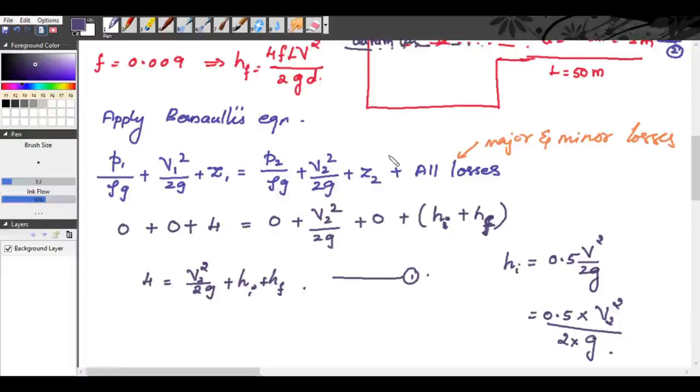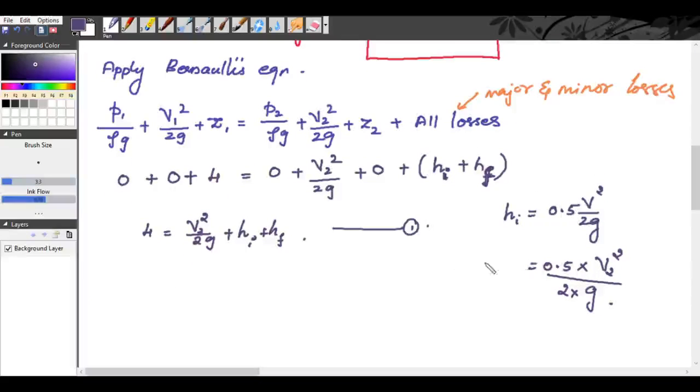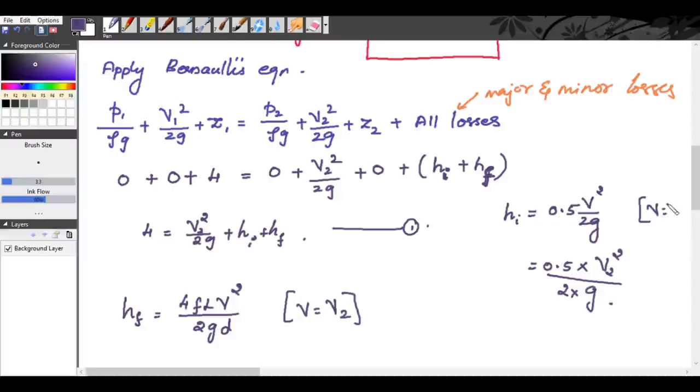Now we will see what is HF. HF is given as 4FLV square by 2GD. Here also V is taken as V2.